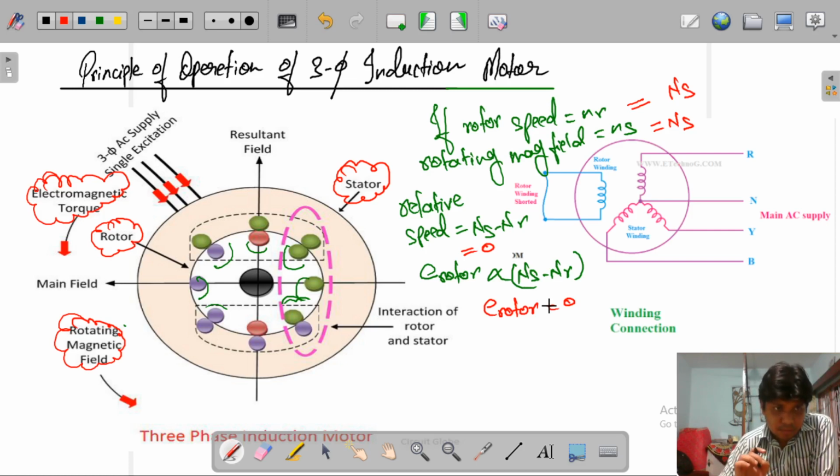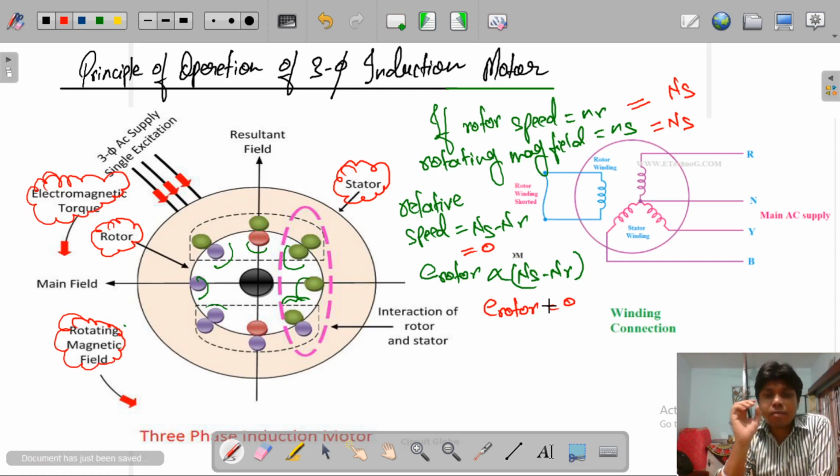So the conclusion is: if the rotor speed is at synchronous speed, there is no induced EMF on the rotor side, no current flows in the rotor winding, and no power is developed on the rotor side.